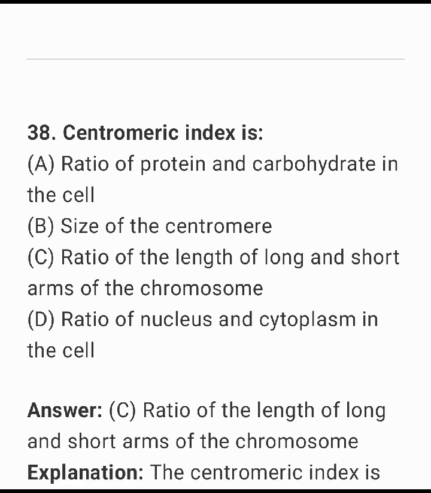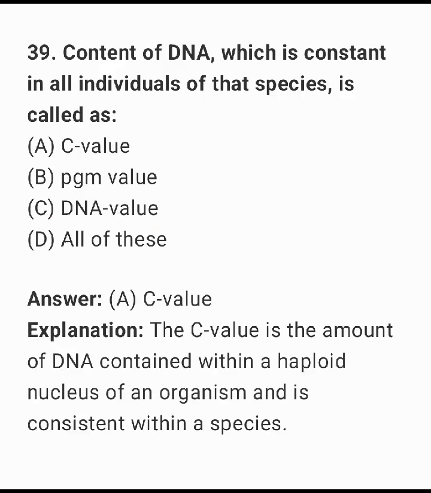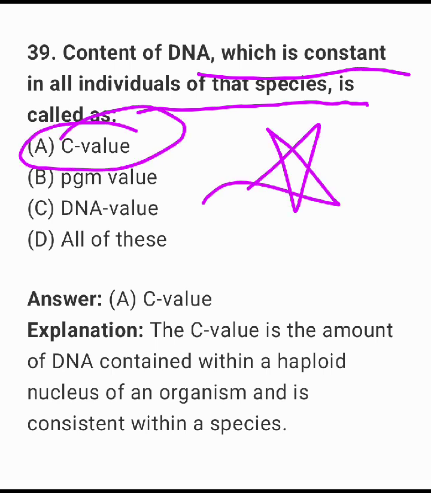Then centromeric index is the ratio of the length of long and short arms of the chromosome. The content of DNA which is constant in all individuals of that species is called C value.